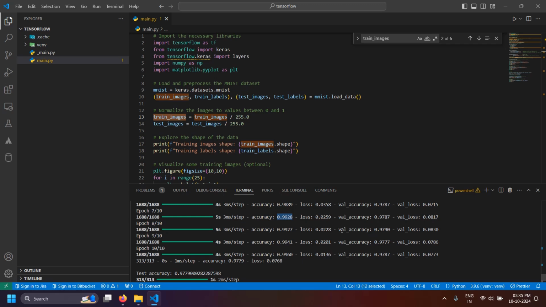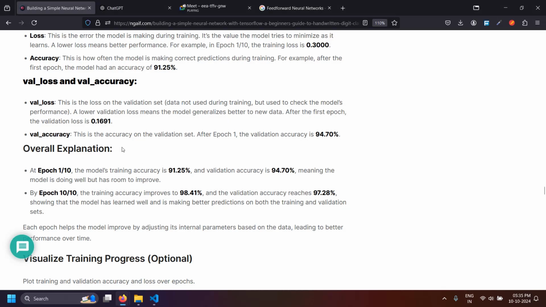You will see two more things here, val_accuracy and val_loss. What they mean is, this is the loss on the validation set. This is data not used during training but used to check the model's performance. So a lower validation loss means the model generalized better to new data.